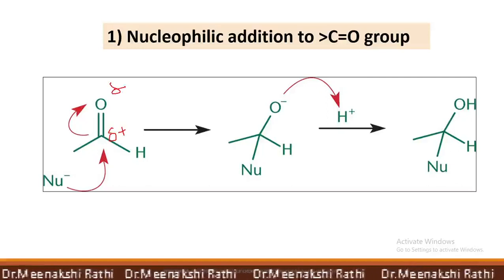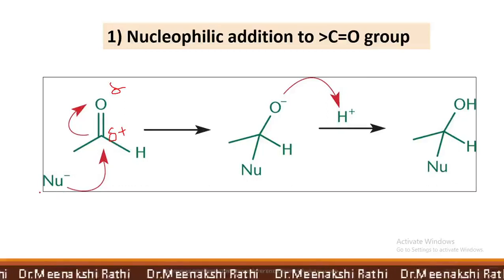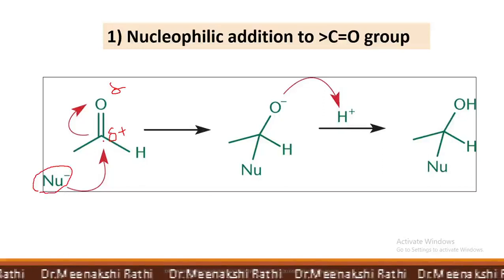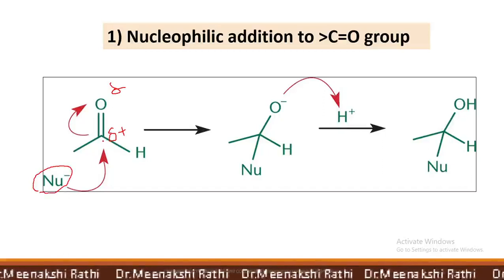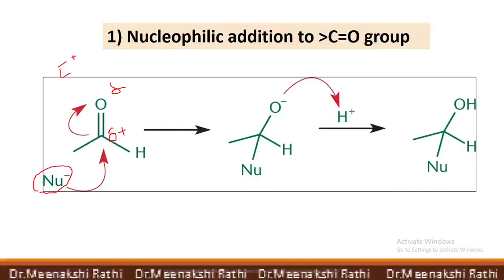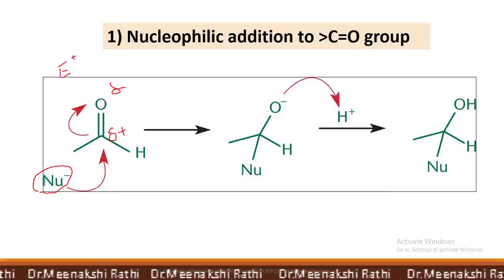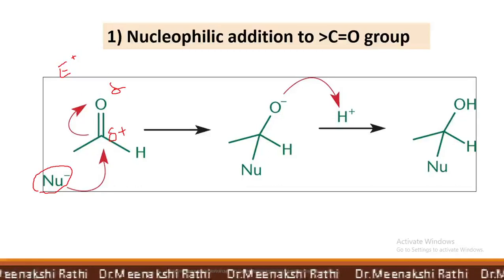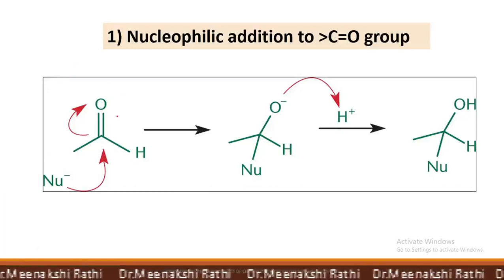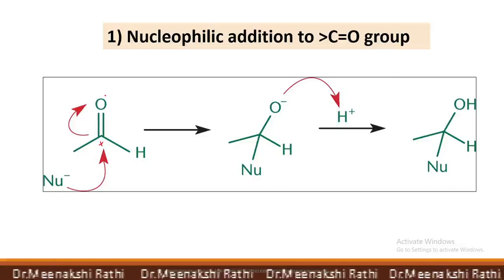So when a nucleophile is attached, as it is negatively charged, it attaches to the partially positive carbon atom, while electrophiles are positively charged, so they attach to the negatively charged oxygen atom. So during the addition reaction, as carbonyl group is polar, carbon is partially positive and oxygen is partially negative.